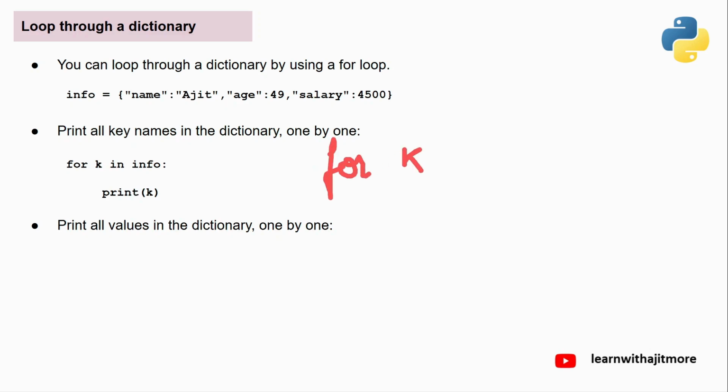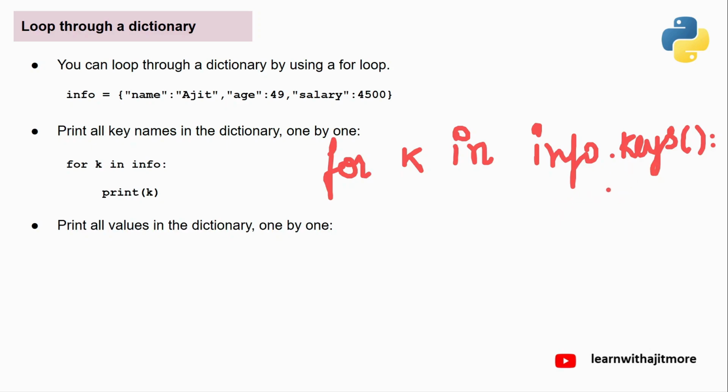See, for k in info.keys, there is one method called keys, and the keys method will return one more iterable of type dict_keys.